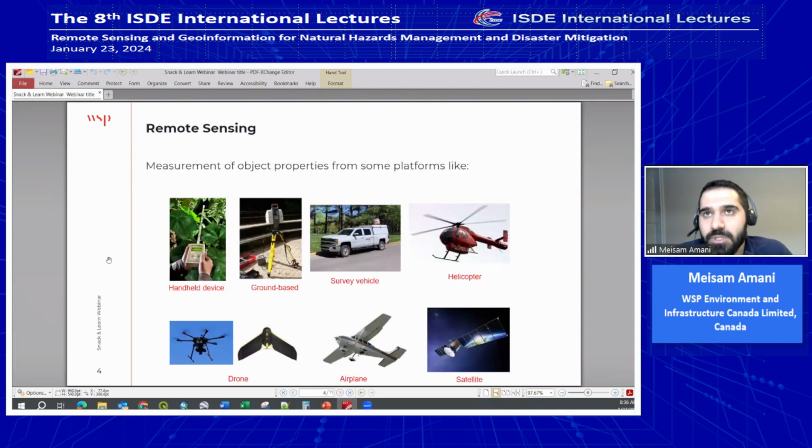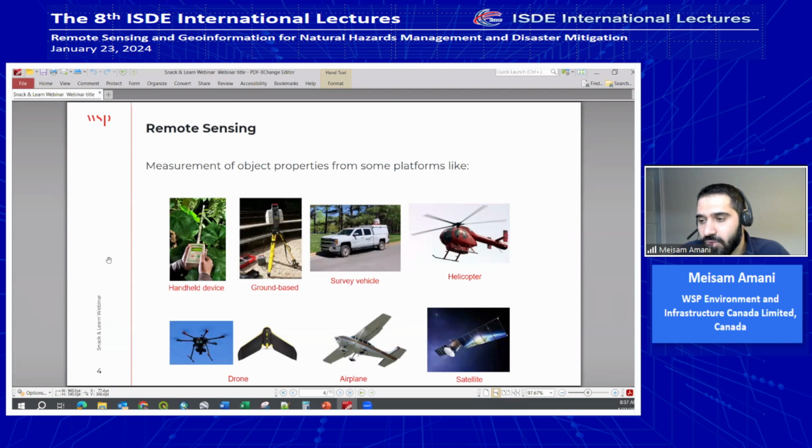And what is remote sensing? Remote sensing simply is the measurement of object properties from some platforms, like the platform that you see in this picture. This presentation will mainly focus on some of those ground-based and in situ data, which are not actually remote sensing, but they're collected by remote sensing systems like GPS measurements.